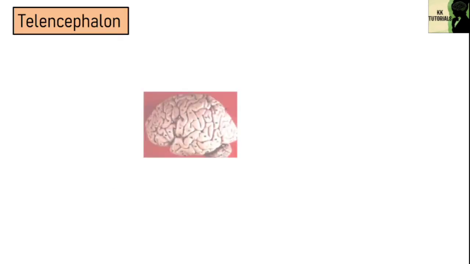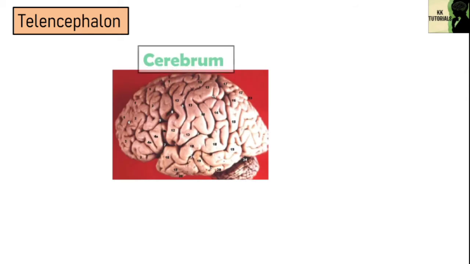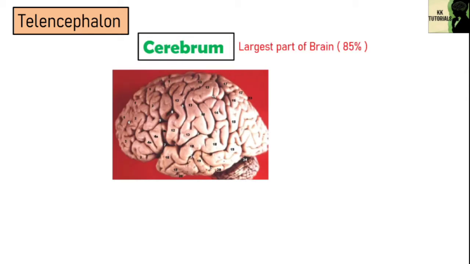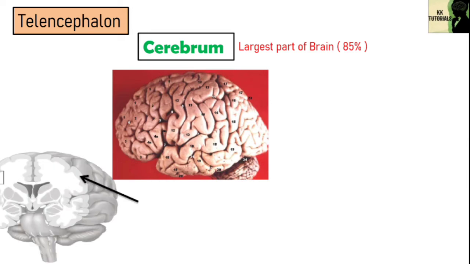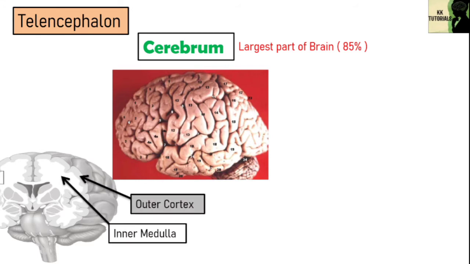Let's start with telencephalon, which includes cerebrum. Cerebrum is the largest part of brain, making up about 85% of total brain. Outer surface of cerebrum is called cerebral cortex, while the deep inner part is medulla.